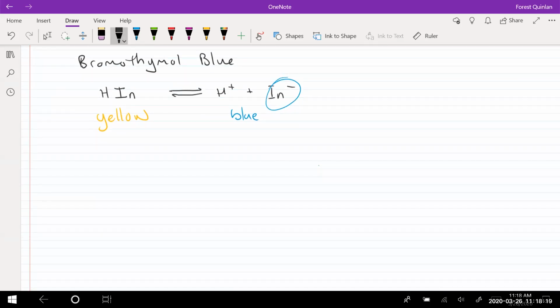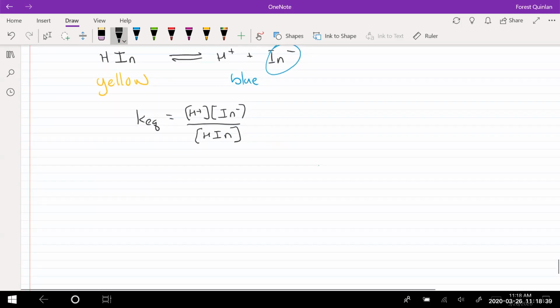If we wrote the Keq for this, we would say it's the concentration of H plus times the concentration of indicator minus all over the concentration of H indicator. What happens when we get to the midpoint or the equivalence point?